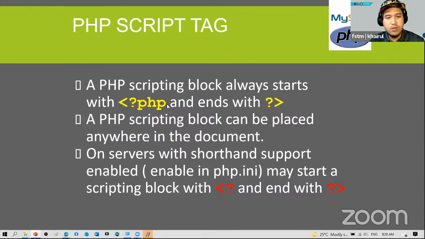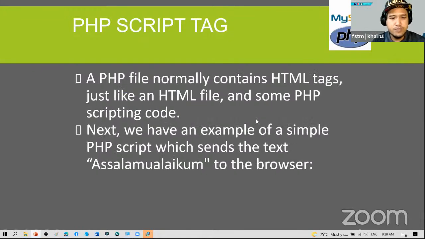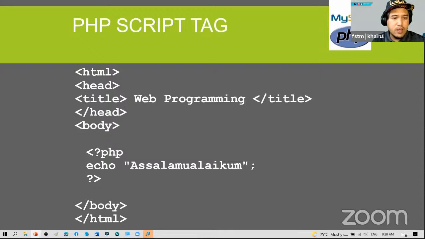This is the tag symbol that is the default in the PHP interpreter. Then this pair is what we will be using throughout the course. A PHP file is normally embedded inside the HTML. So you need to open a PHP bracket, and you need to close it.